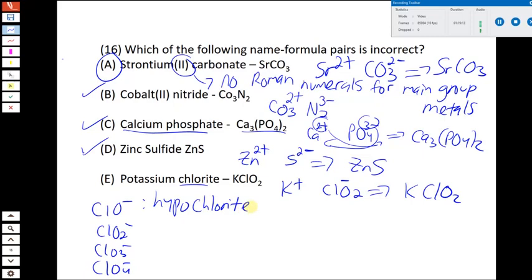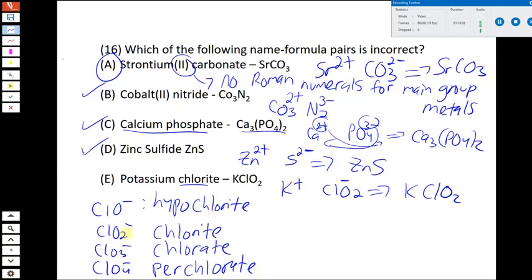Remember, ite means less oxygens. This one we remove the prefix and just call it chlorite. The ones that have more oxygen, 3 and 4, have an ate ending, so the first one is chlorate. And the last one we put a per to indicate that it has even more oxygen, so we put that as a prefix and still chlorate. All right, so these are probably some of the hardest ones to remember.